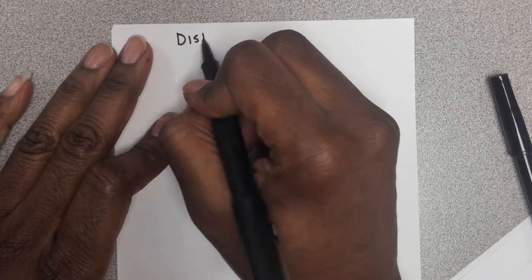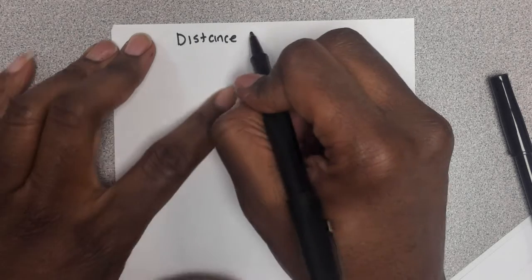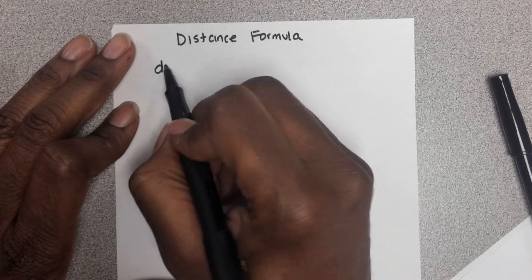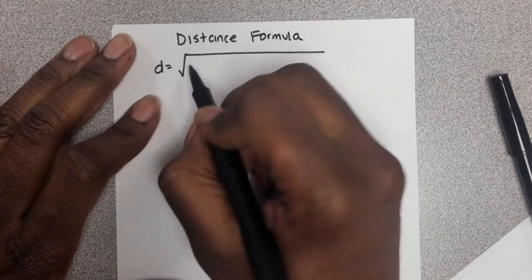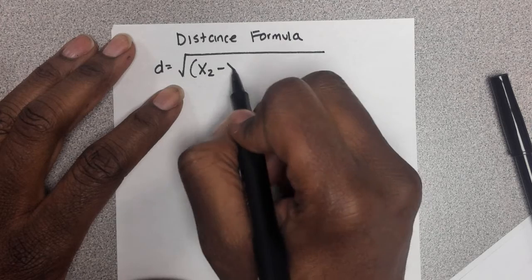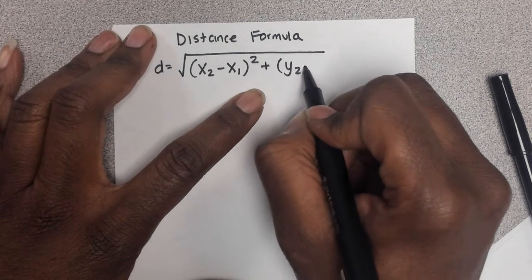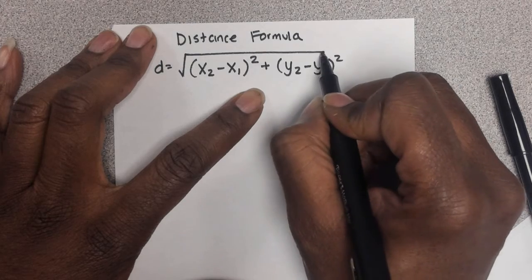All right, so this video is on using the distance formula. The formula will be given to you. The distance is the square root of x2 minus x1 to the power of 2 plus y2 minus y1 to the power of 2.